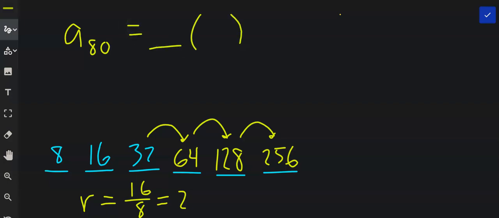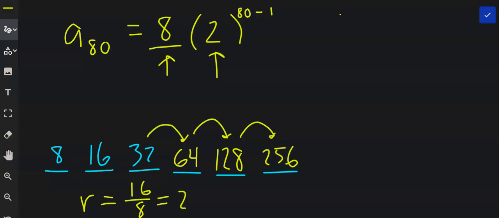According to the formula sheet that you just wrote on, we need to find the first term and the common ratio. Do we know the first term? Do we know the common ratio? And what do you think we're going to do for n? We're going to plug in an 80. Go. Figure it out.